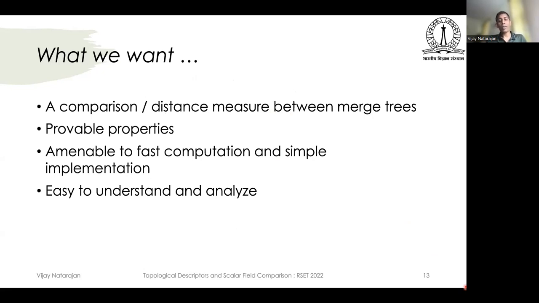We want this distance measure to satisfy several provable properties. In addition, we want it to be amenable to efficient computation and an easy and quick implementation, perhaps a parallel scalable implementation. In addition, we would like the distance measure to be easy to interpret and hence support data analysis.